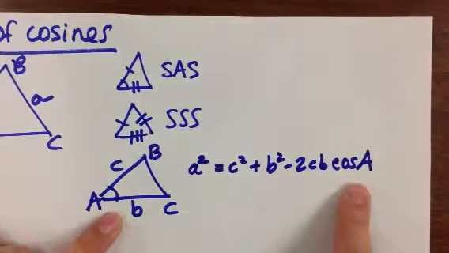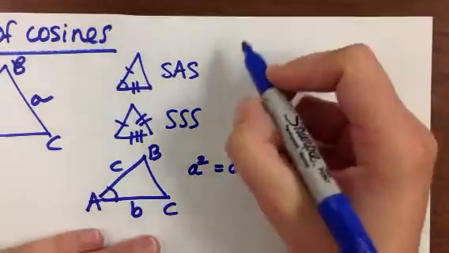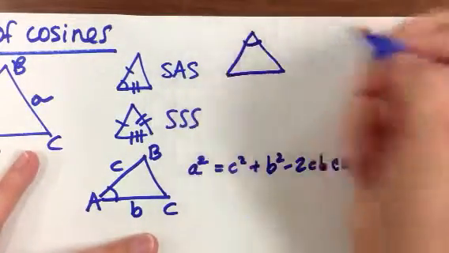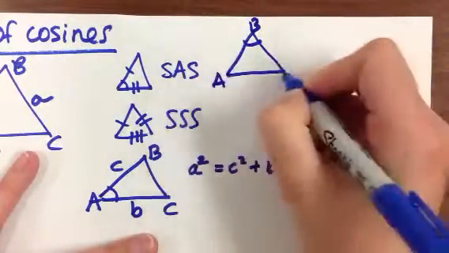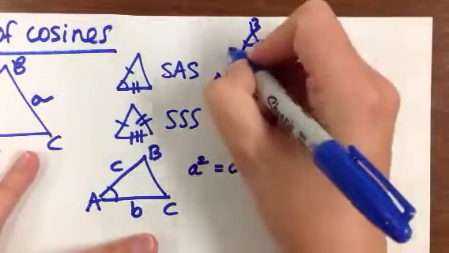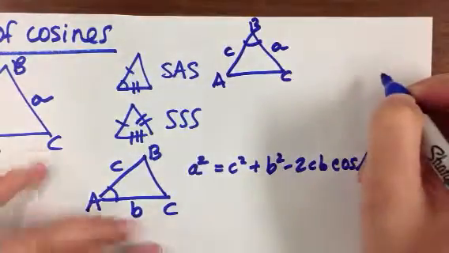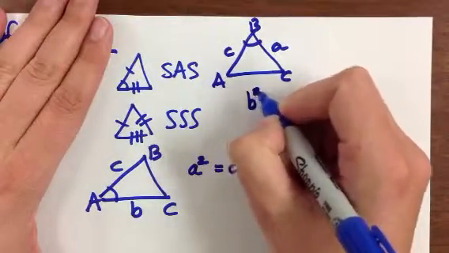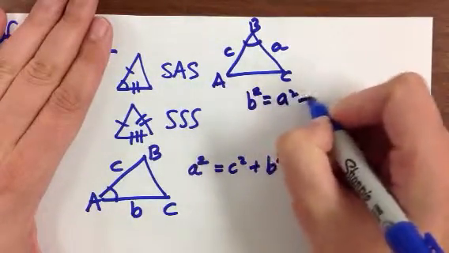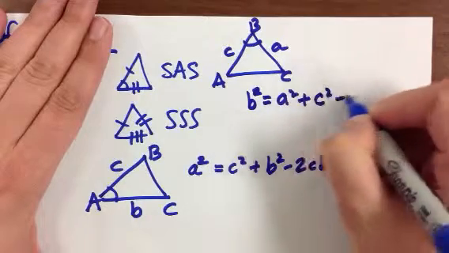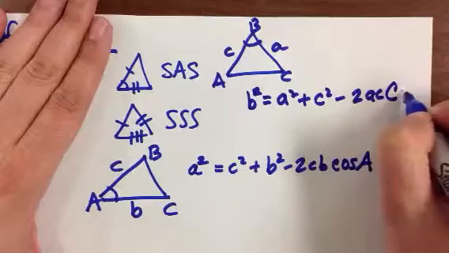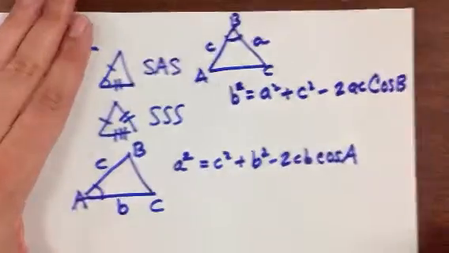Now let's say I actually knew angle B this time, and I had little side C and little side A, well then I would be looking for side length B first, and I would know the other two sides and the included angle.